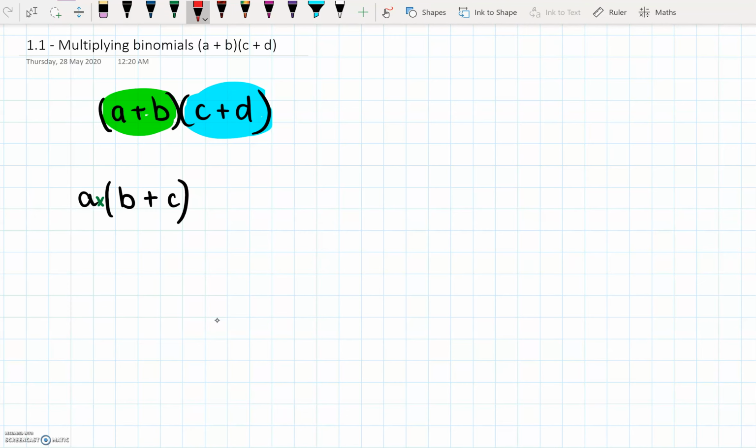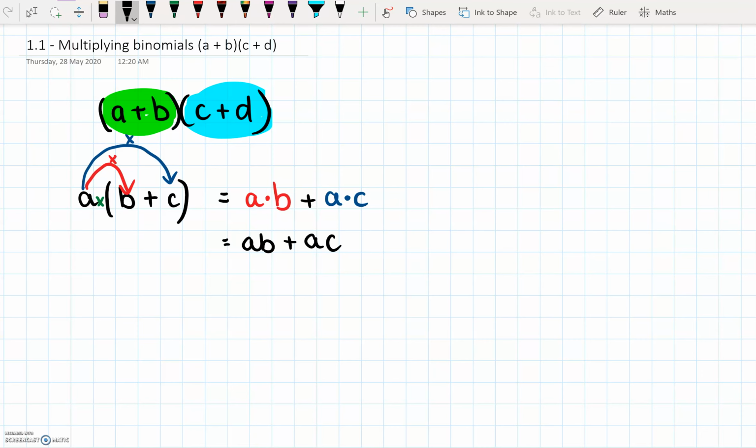When we expanded this bracket, you did a times b, so it's equal to a times b plus, then we multiply a times c, and what we end up with once we simplify that is just ab plus ac.